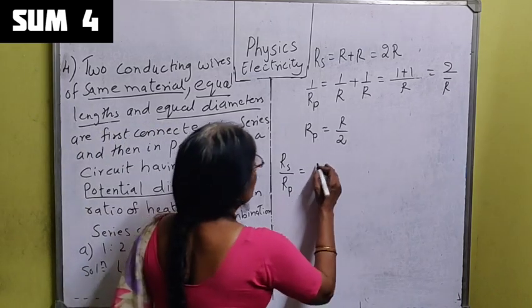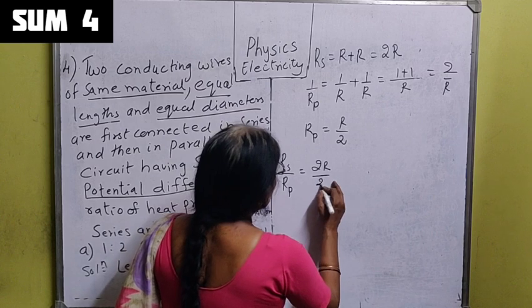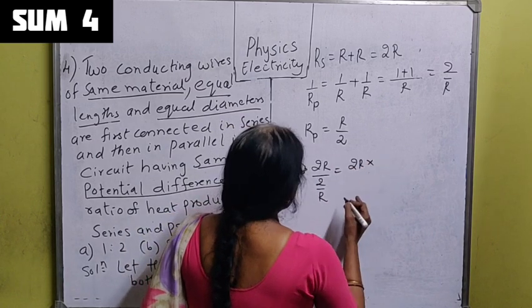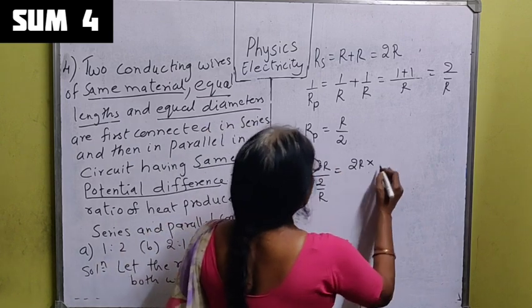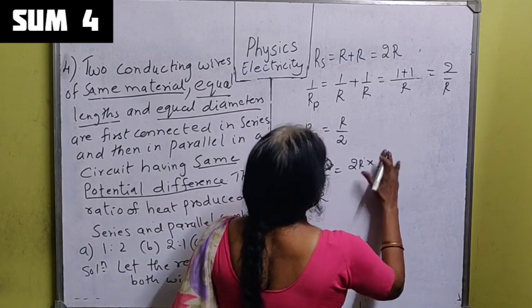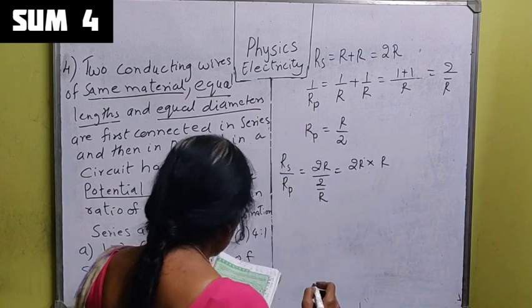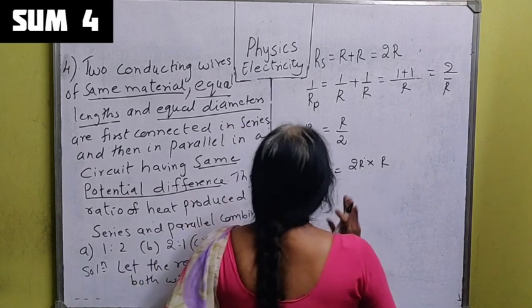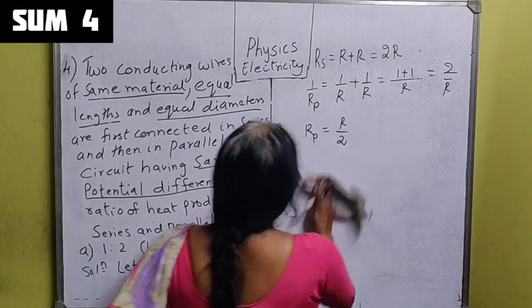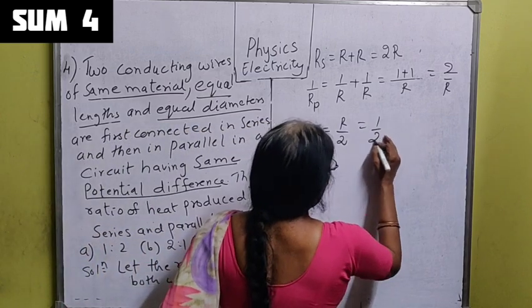Rs is 2R, and Rp is R by 2, so we can write it as half R.